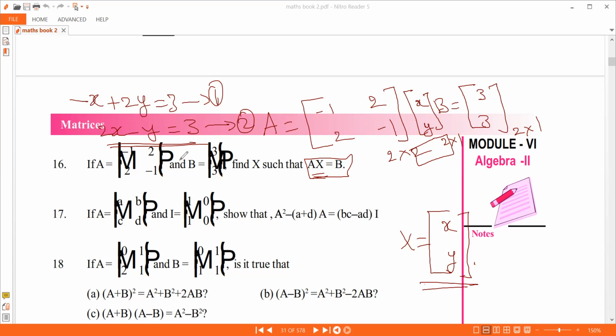You have done a silly mistake while adding. X is not 1. Check it slowly. While adding, you made a mistake.